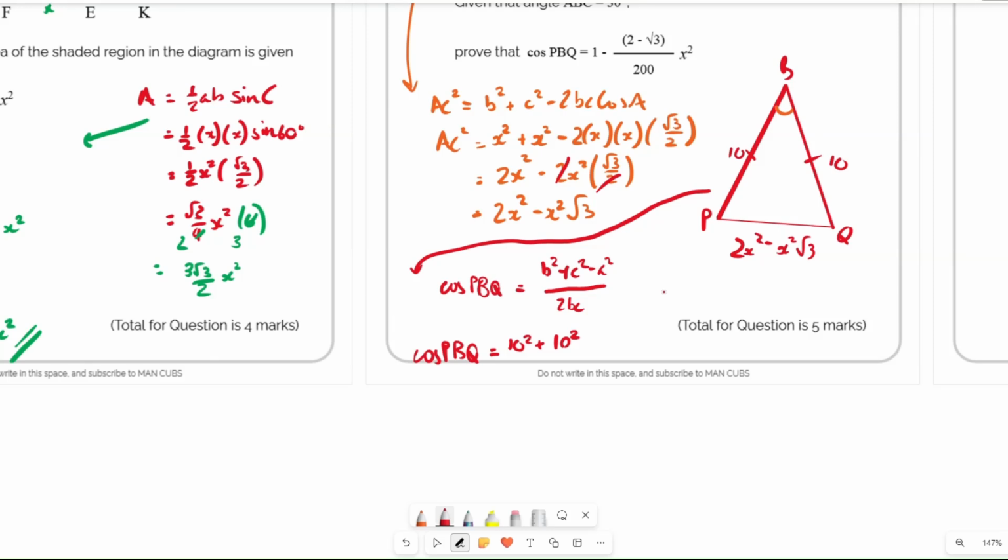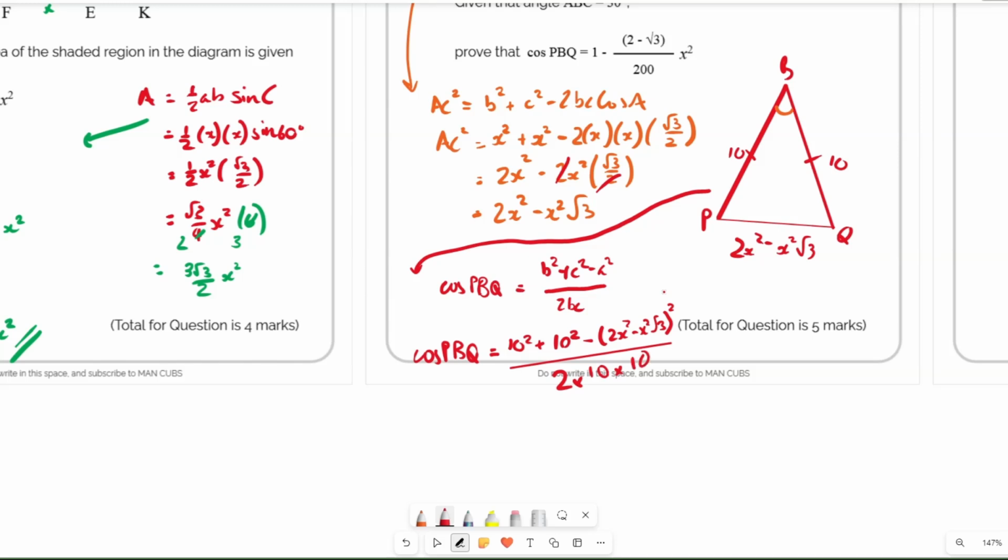Then a squared, remember, the side length a has to be the one opposite the angle in reference, so that's going to be minus 2x squared minus x squared root 3 squared, like so. Put it all over 2bc, so 2 times b, which is 10, and c, which is 10.